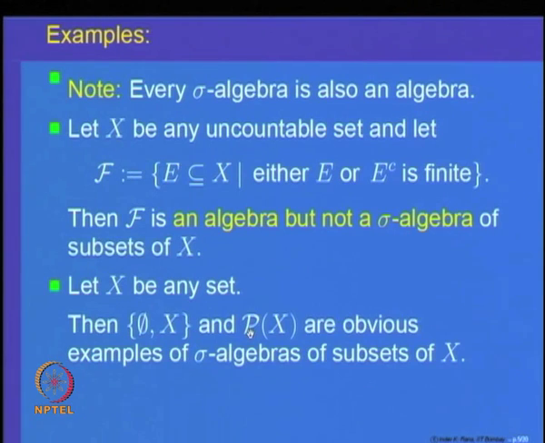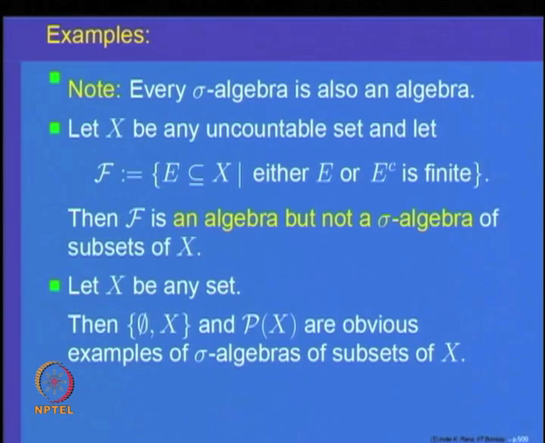And of course, the collection of all subsets of X, the power set of X, also is a sigma algebra of subsets of X, because it is closed under all kinds of operations. These are called obvious examples of sigma algebras of subsets of X.